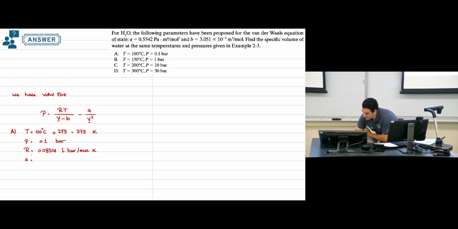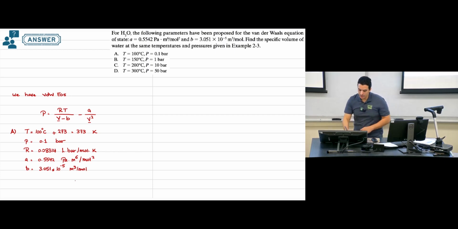So the value of A is 0.5542 Pascal meter to the power 6 divided by mole squared. The value of B is 3.051 times 10 to the power negative 5 meter cubed per mole.